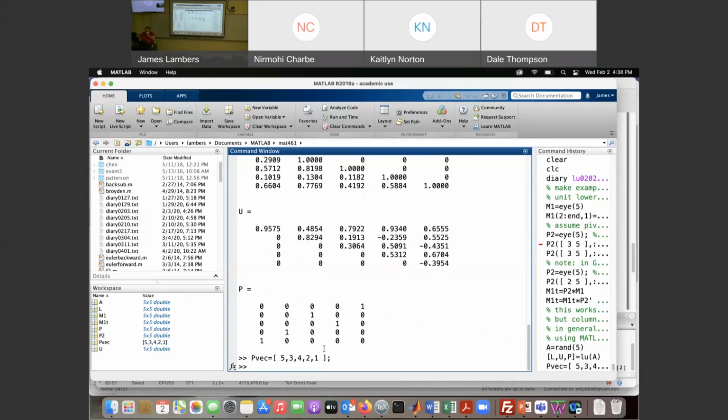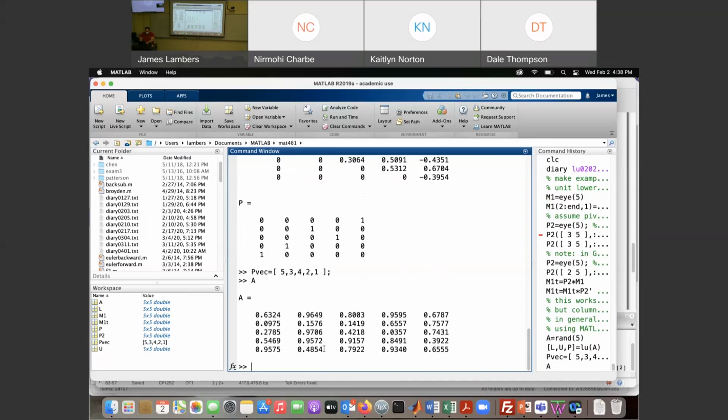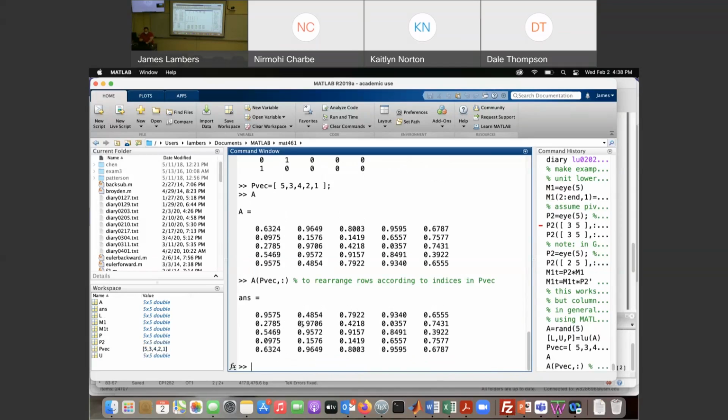Now, here's my original matrix A. If I do A(P vec, :), that says arrange the rows according to these indices, but keep the columns the way they are. So that has the effect of performing just a rearrangement of the rows, and we see that the rows have in fact been rearranged.